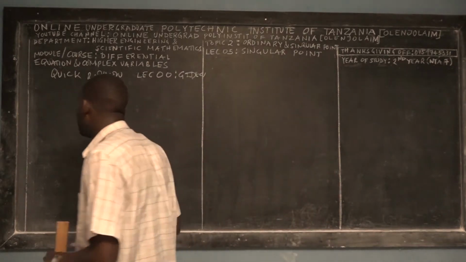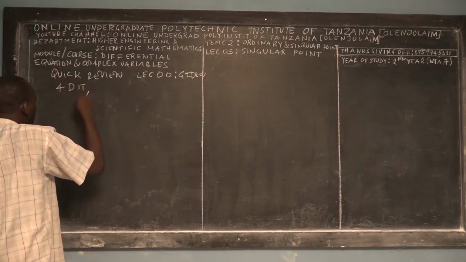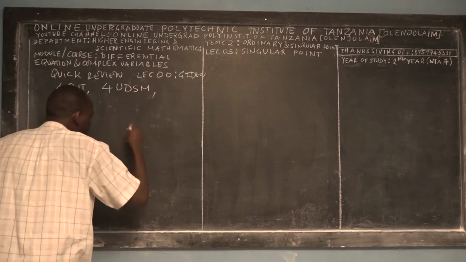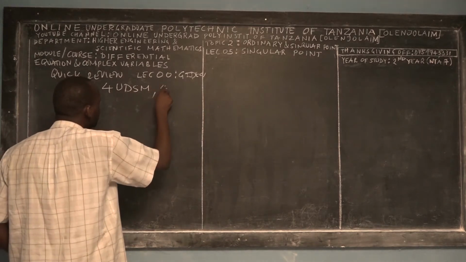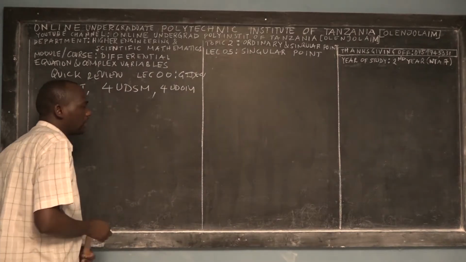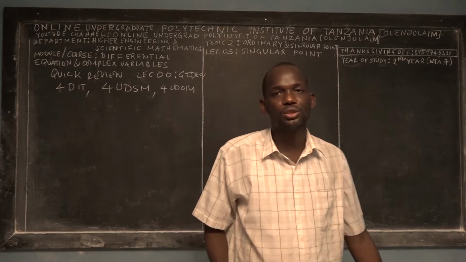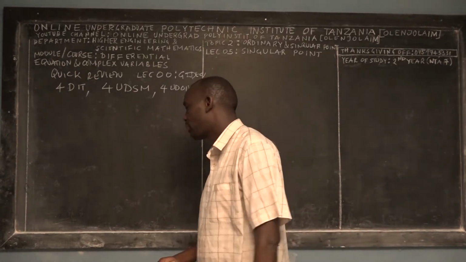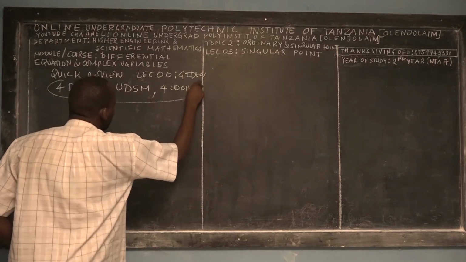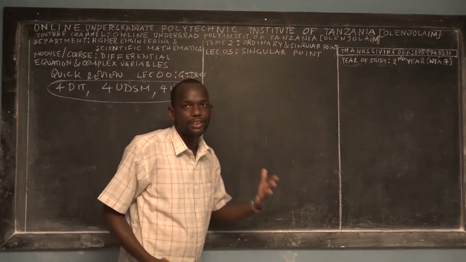Simply, we are teaching 12 modules, right? 4 modules from Dar es Salaam Institute of Technology, 4 modules from University of Dar es Salaam, and 4 modules from UDOM, University of Dodoma. So in total that makes 12 modules, 6 modules in semester 1 and 6 modules in semester 2. So you have to get prepared. And we are covering higher engineering and scientific mathematics for the undergraduate level worldwide, right?